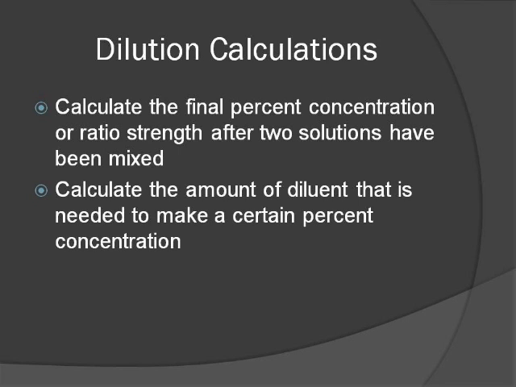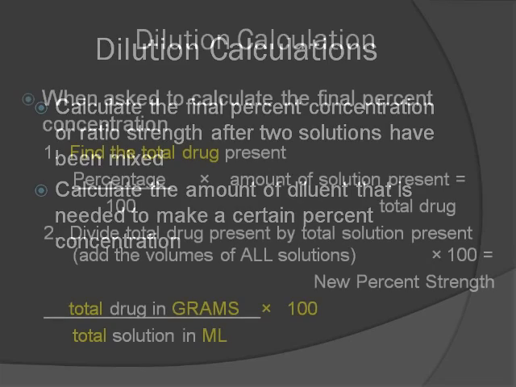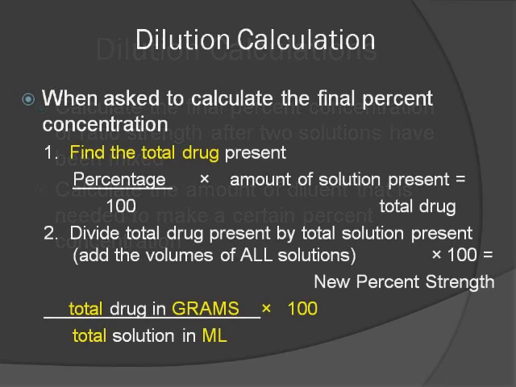Now, with calculations involving dilutions, we will have to calculate the final percent concentration or the ratio strength after two solutions have been mixed. Or we can be asked to calculate the amount of diluent that is needed to make a certain percent concentration. So let's take a look at the next slide. When we're asked to calculate the final percent concentration when two different percent solutions of the same drug have been added together, the first step is to find out the total drug that's present.